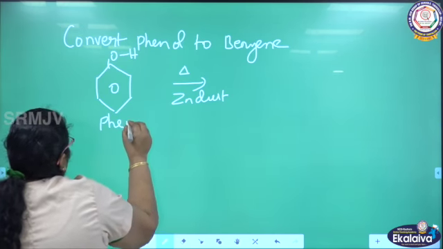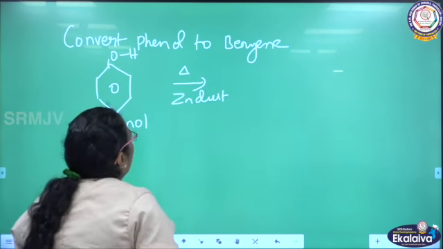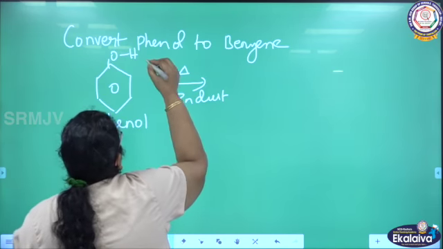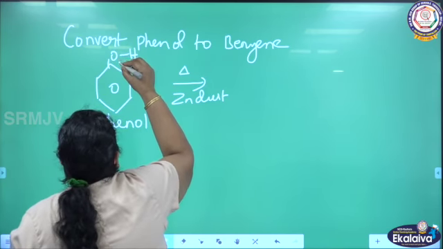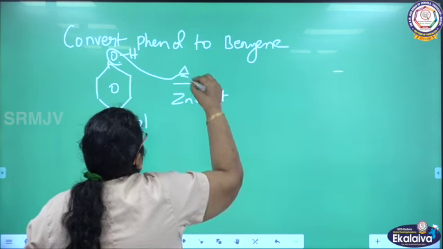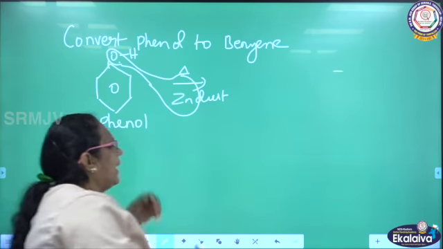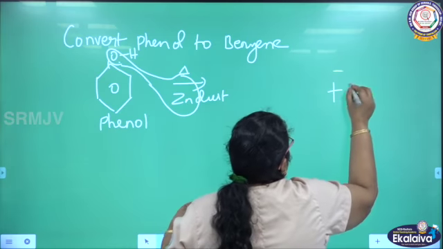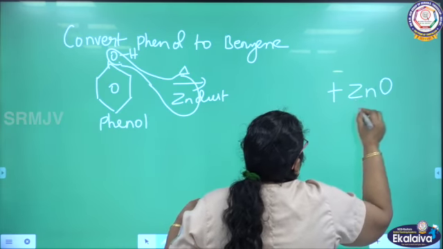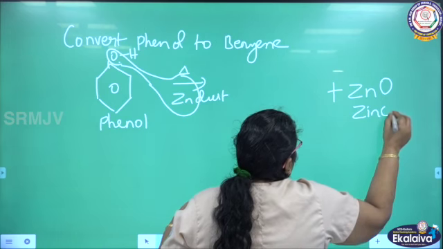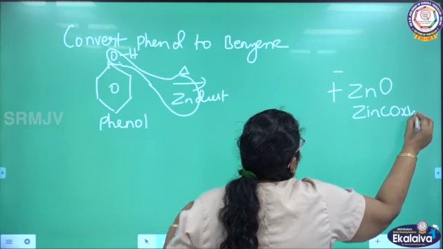When phenol is heated with zinc dust, what will you be getting? Oxygen is removed from here and it is added with zinc. So oxygen from phenol is removed and added with zinc dust. So you will be getting zinc oxide. So what is the byproduct we are getting here? Zinc oxide.